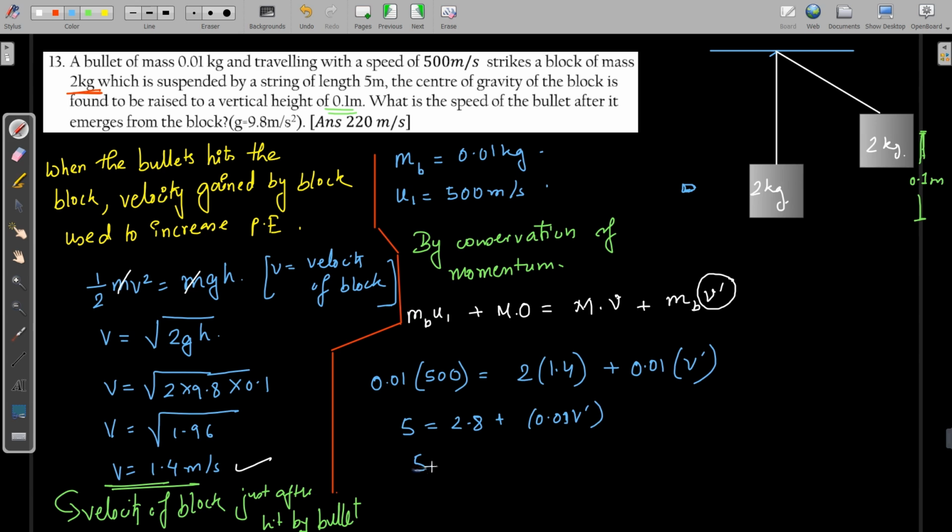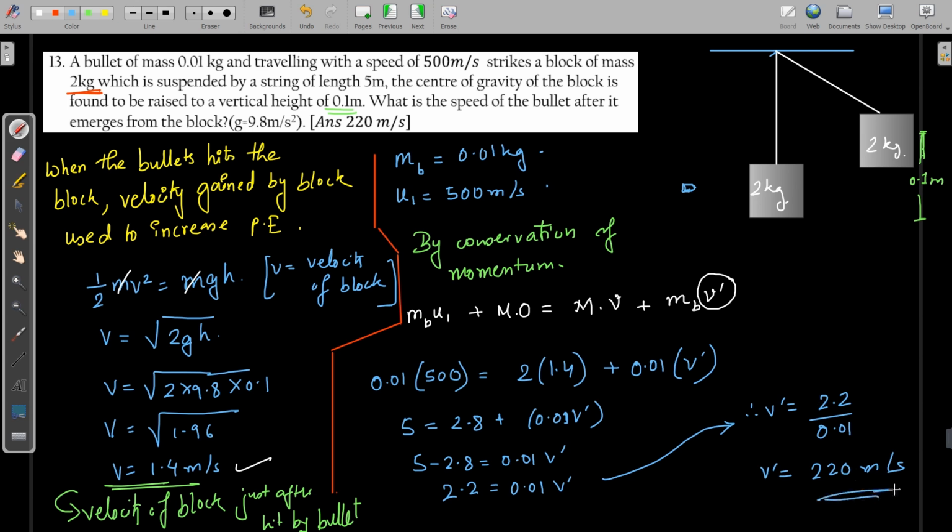So 5 minus 2.8 is equal to 0.01 v dash. So this is coming out to be 2.2 equals 0.01 v dash. Therefore, v dash is equal to 2.2 by 0.01. So v dash comes out to be 220 meter per second.